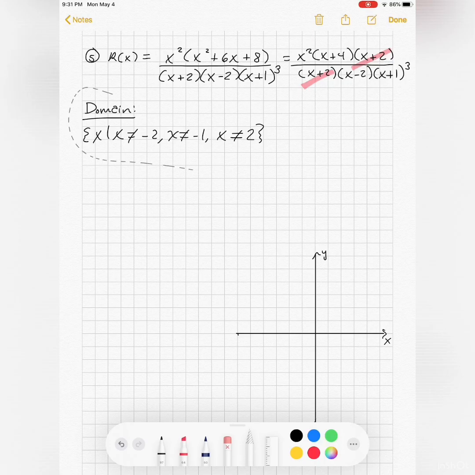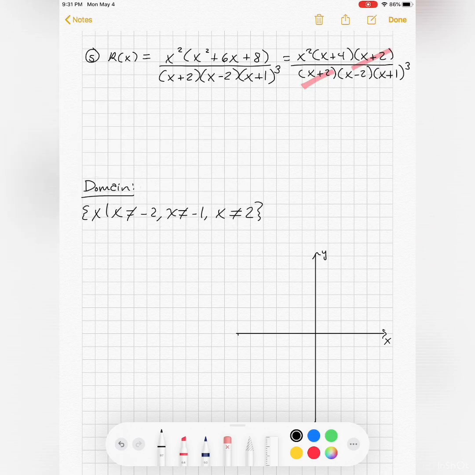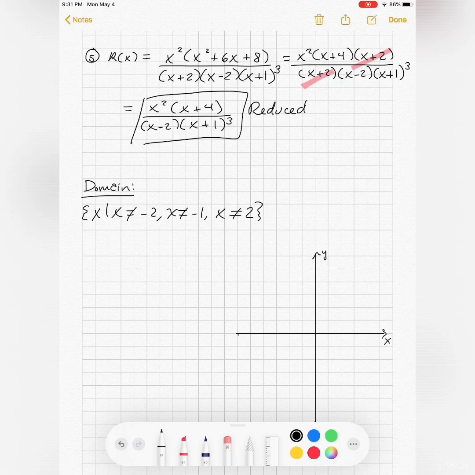So actually, I'll move this. My reduced fraction looks like this. So this is my reduced fraction. So I'm going to use this reduced fraction to go through the rest of the calculations. Let's see what happens.